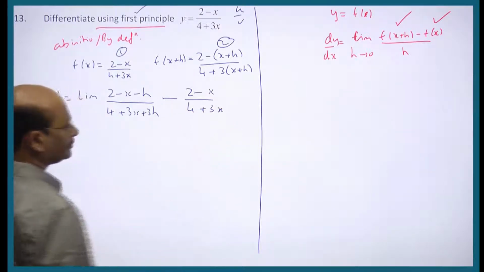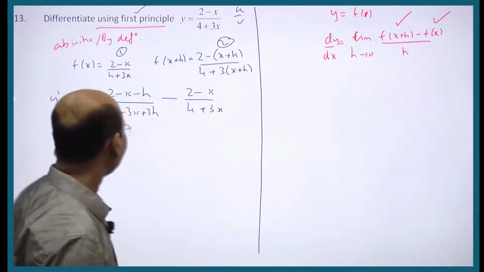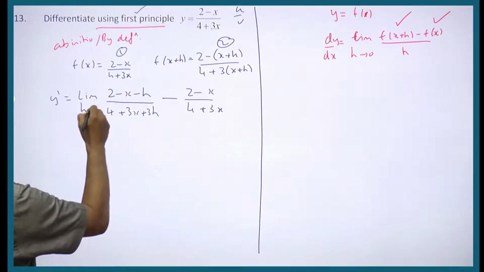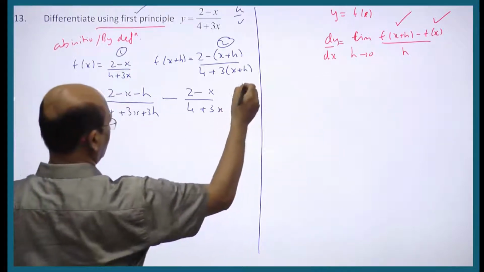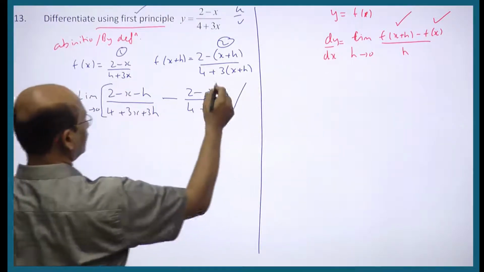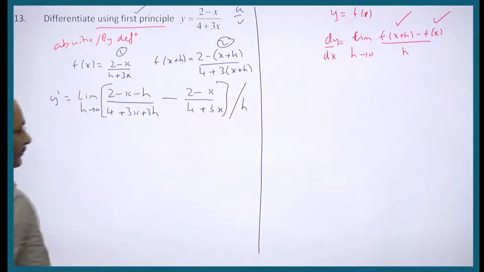Be careful. I think it is much clearer to us now, right? As h approaches 0, do not forget it, upon h, so you can put a bracket here and say upon h.